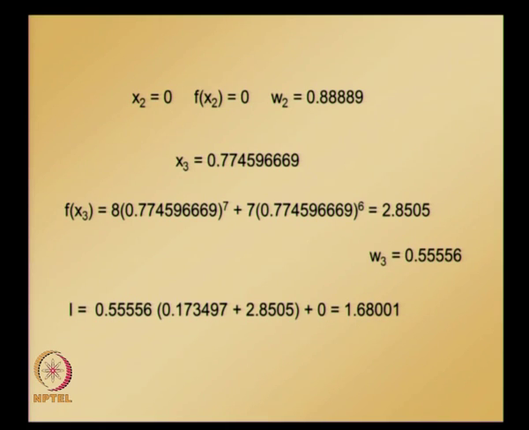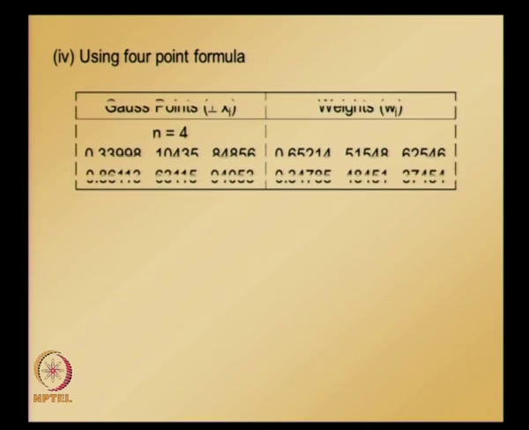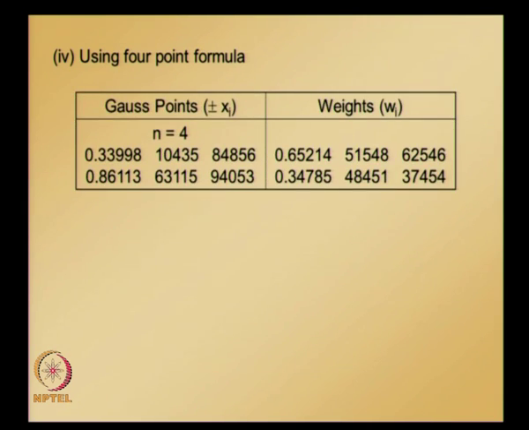You can see, with one integration point, when we use n is equal to 1 we got 0, when we adopted n is equal to 2 we got 0.5185, and when we adopted 3 points we got 1.68. So, let us see, still the solution is not converged. Let us see what we get when we use 4 points.